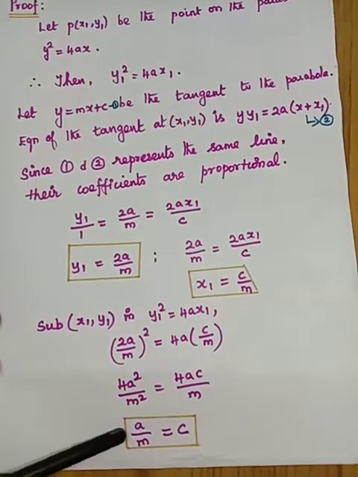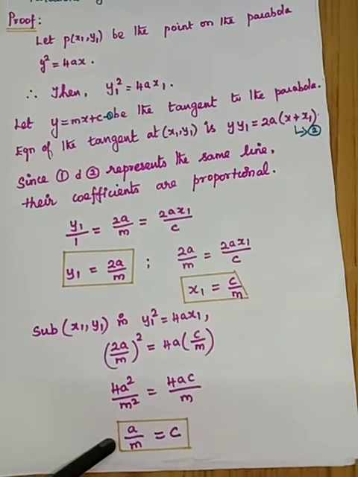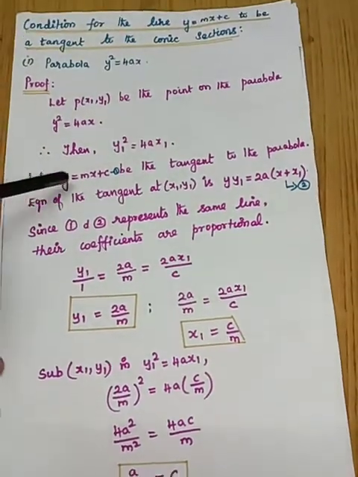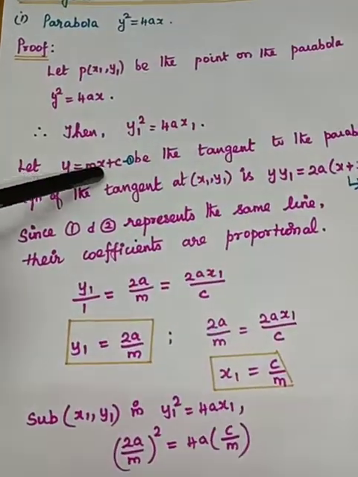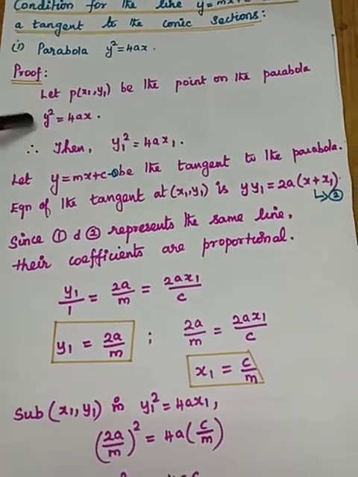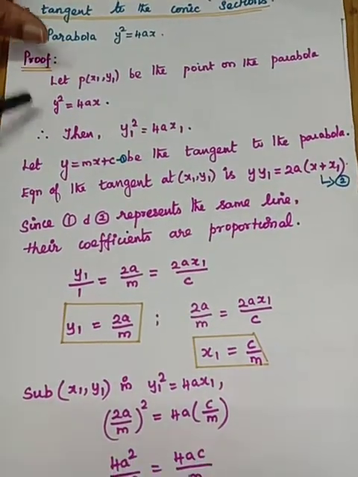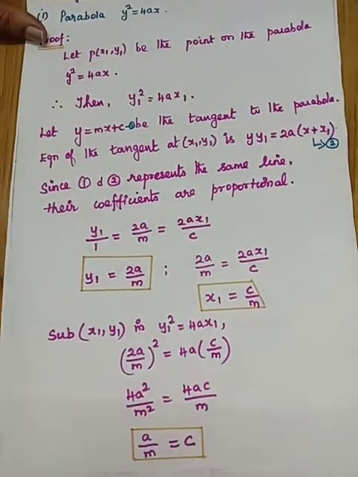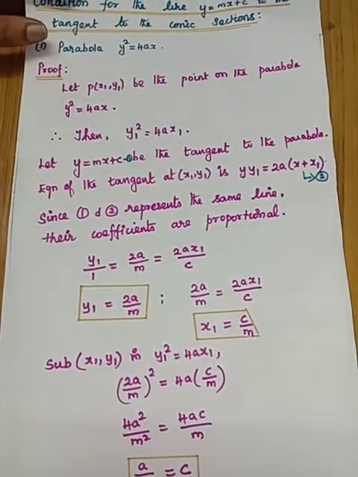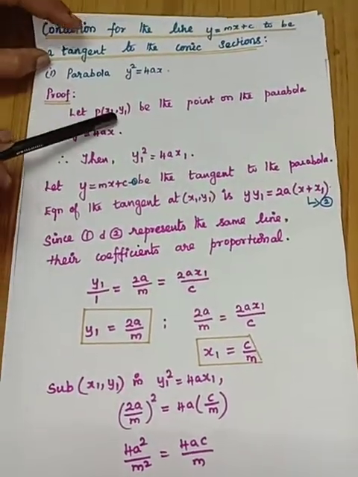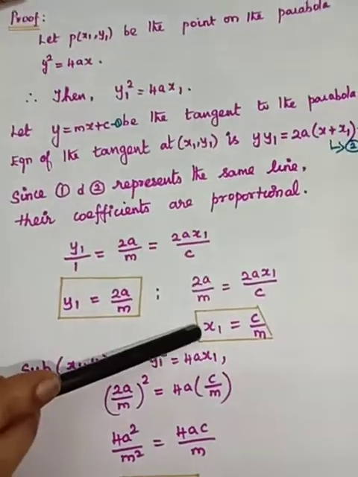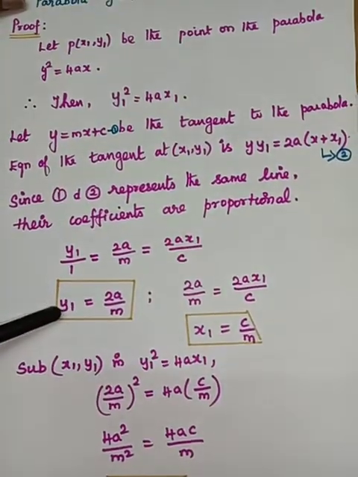So this is the condition. Under this condition, the straight line y = mx + c will become a tangent to this parabola. If so, the tangent definitely touches the parabola at the point (x1, y1). We have already found x1 and y1.